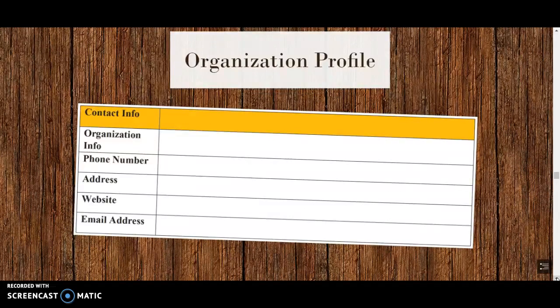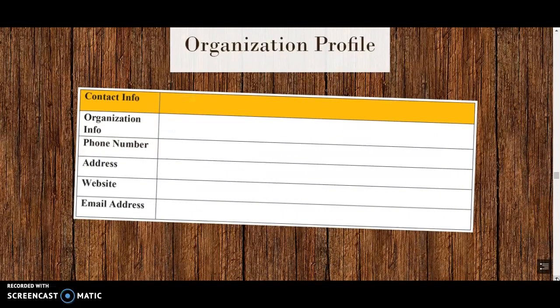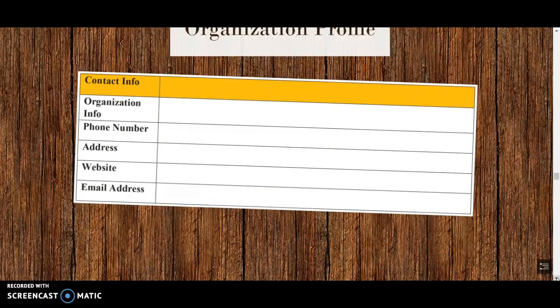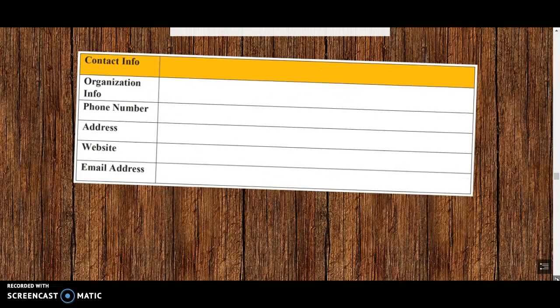Right here, this organization profile was actually created for students to utilize after they found the organization that they decided to partner with. This way they can have all of their contact information, and this is a way for teachers to also keep up with the contact information.